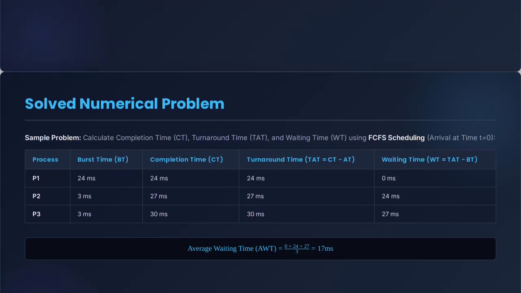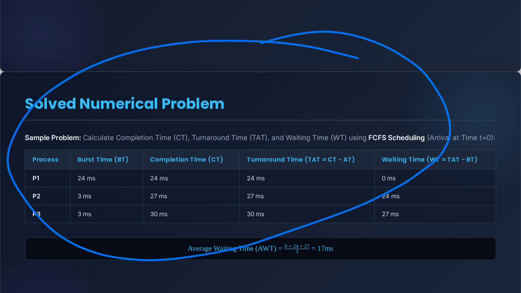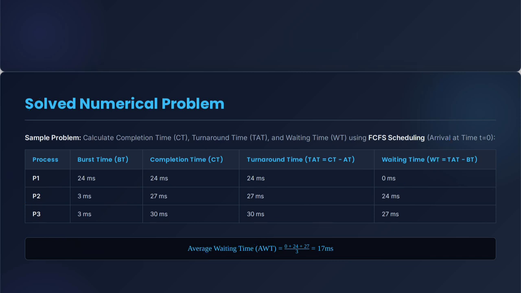And solve numerical problems with process P1, burst time, arrival time, and average waiting time. All these problems will be solved properly in the next video. I will cover this topic in the next video and specify how it works and the procedure to solve these questions.